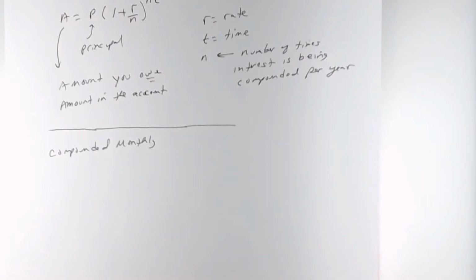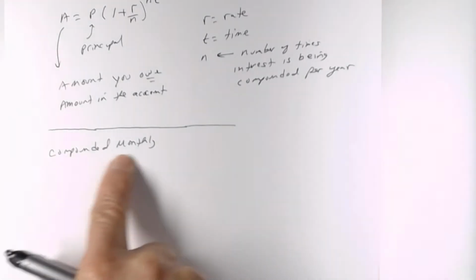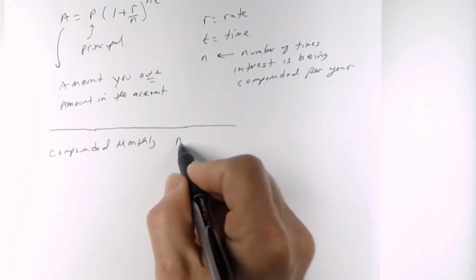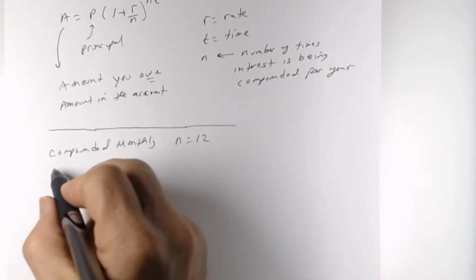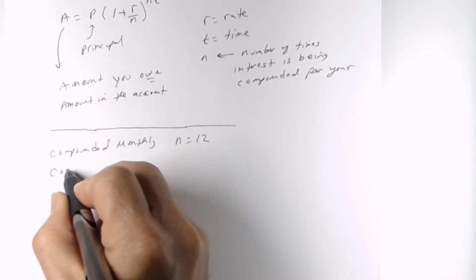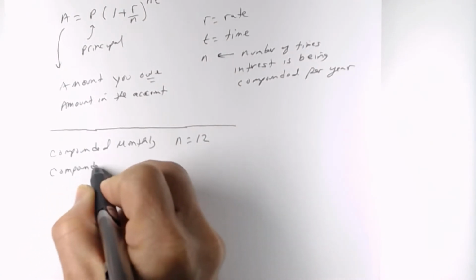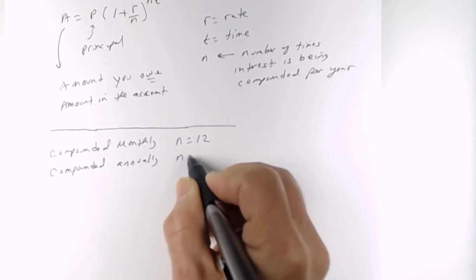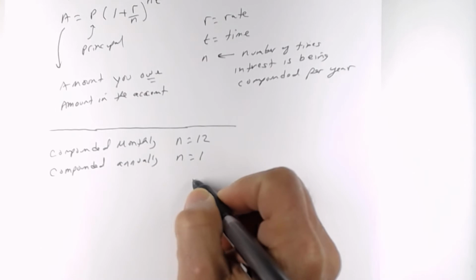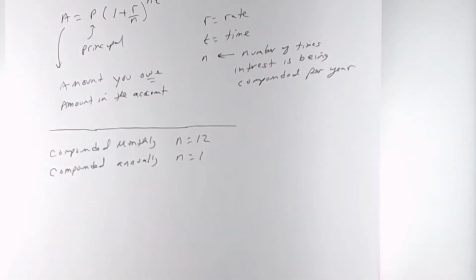Compounded monthly means that N is equal to 12 because there are 12 months in a year. So if you see the phrase compounded monthly, then what's N? 12. If you see the word compounded annually, then N is 1, which reverts back to simple interest.